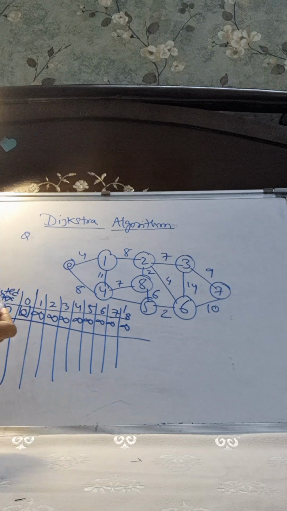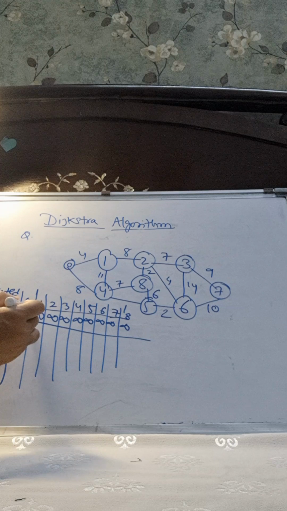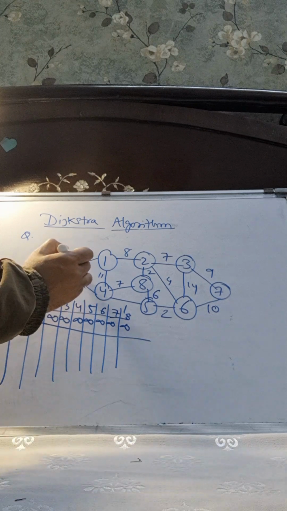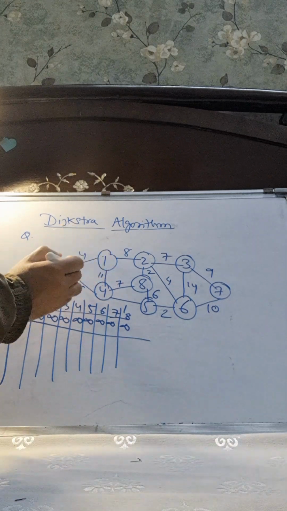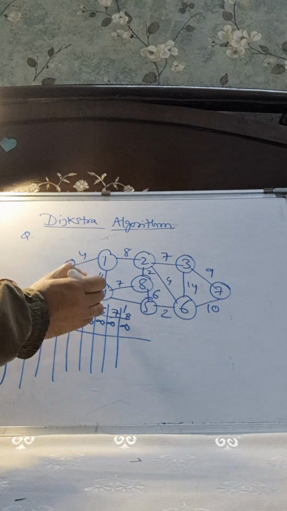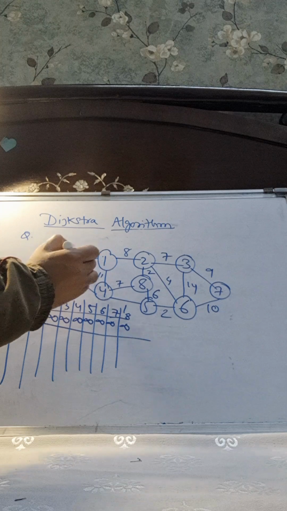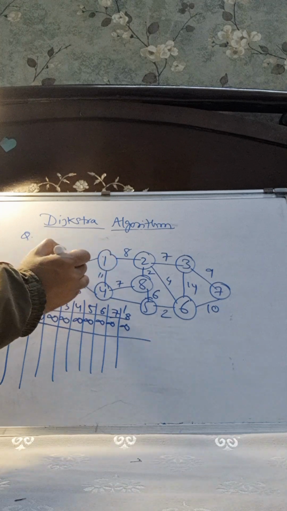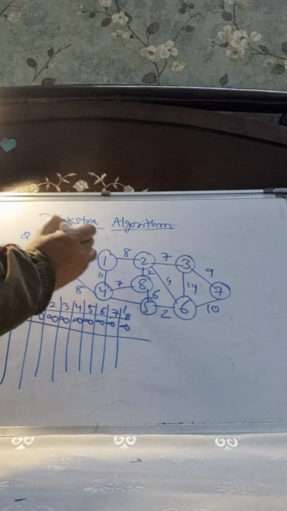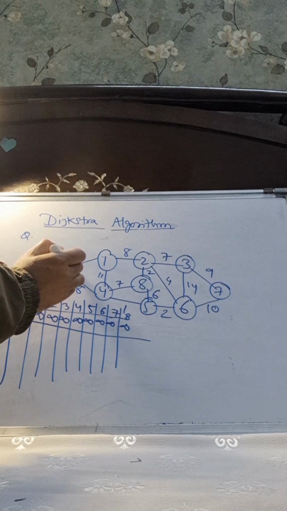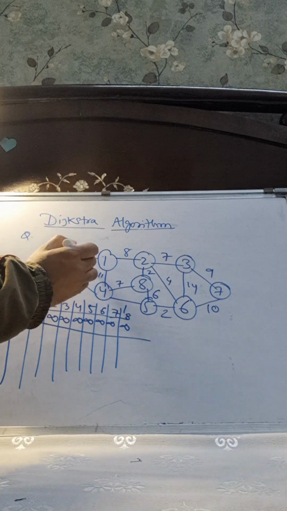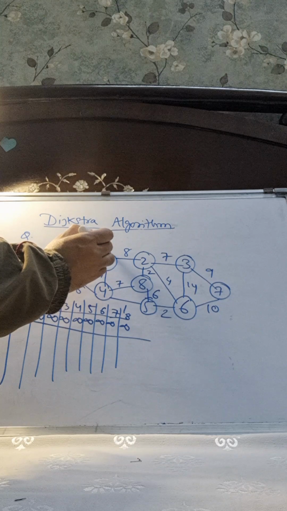Out of this selected vertex, now I will try to find the distance from this u to v. This becomes my u and this becomes my v, and we will apply the same relaxing rule here. So the cost of u to v is 4 and this distance is 0. So 0 plus 4, is it less than the current cost of v?